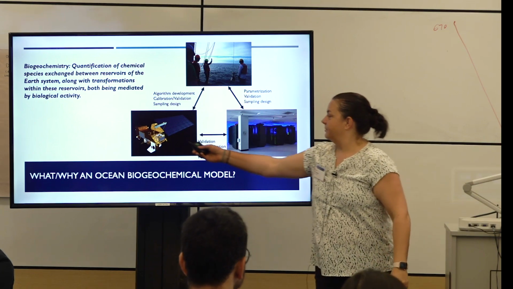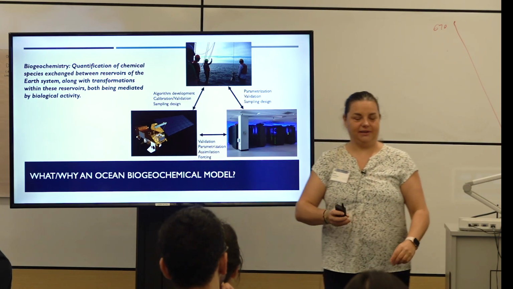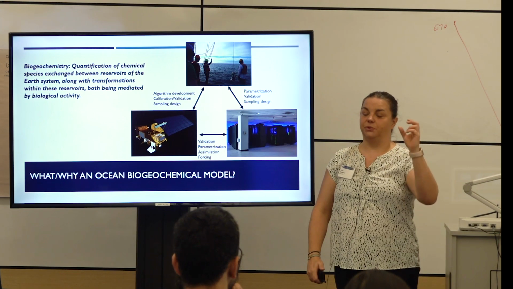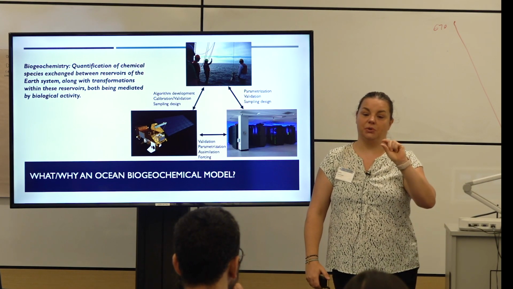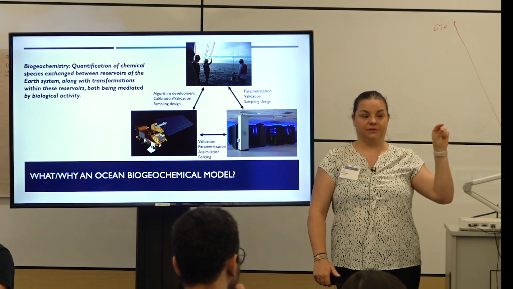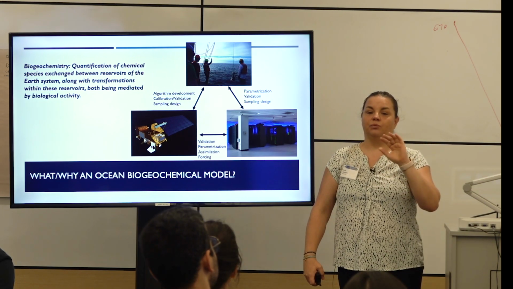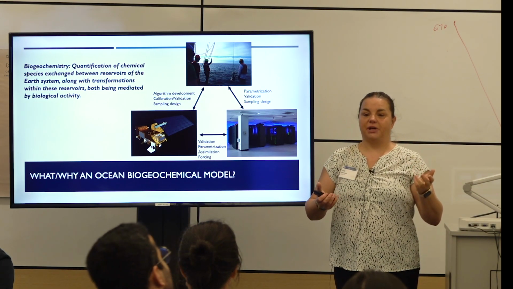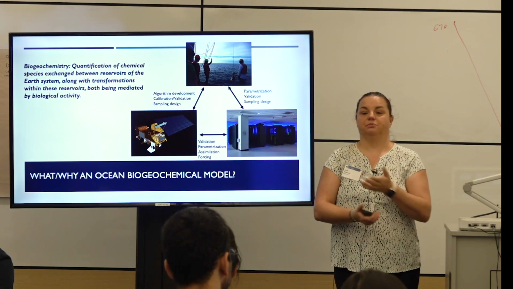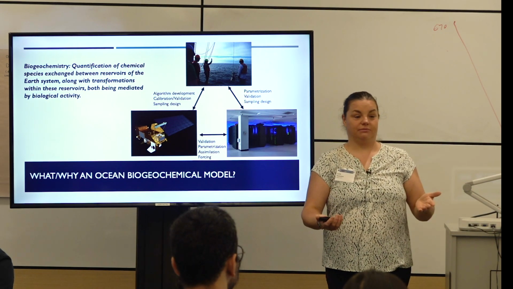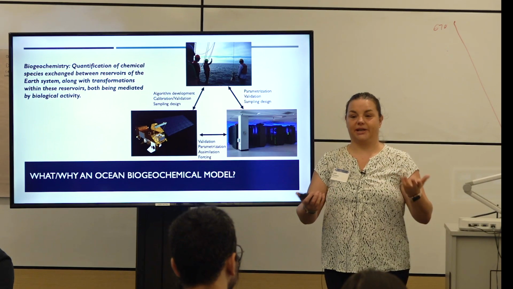You can also have a satellite like PACE, and that's great because it gives you a global overview, but the problem with that is that it only gives you the upper layer of the ocean, and it only gives you data for the variables that you have an algorithm associated with. So if you think of biogeochemistry, for example, we don't have nitrate or nutrients from satellite.